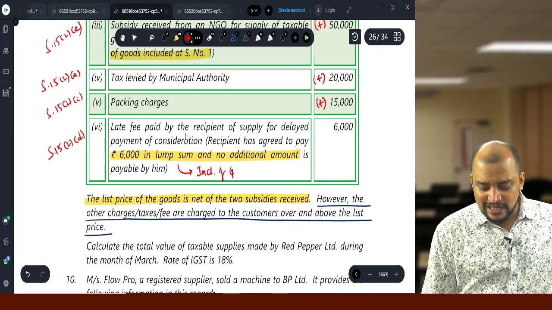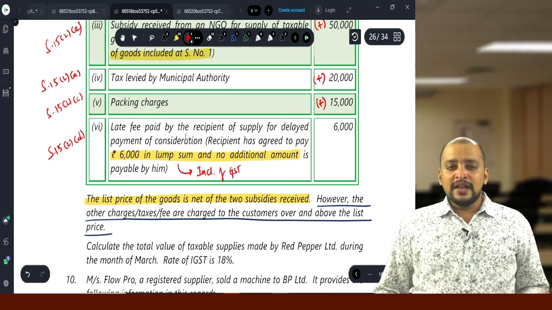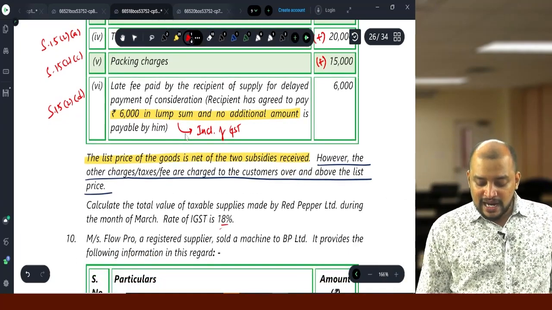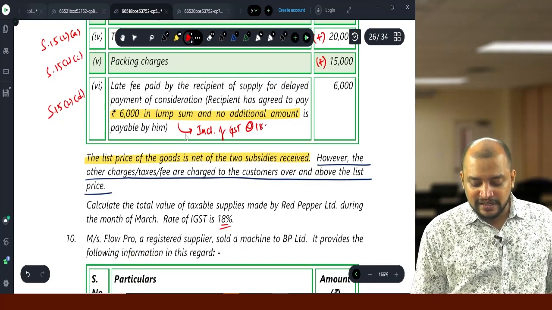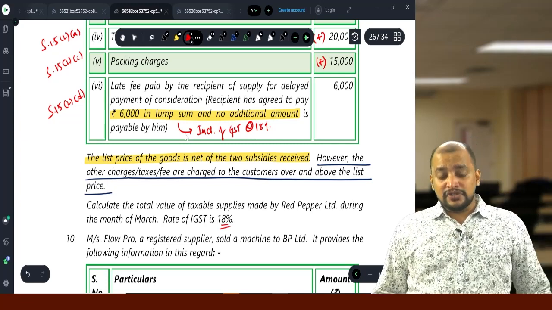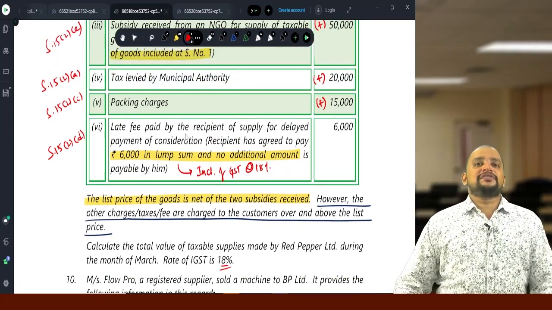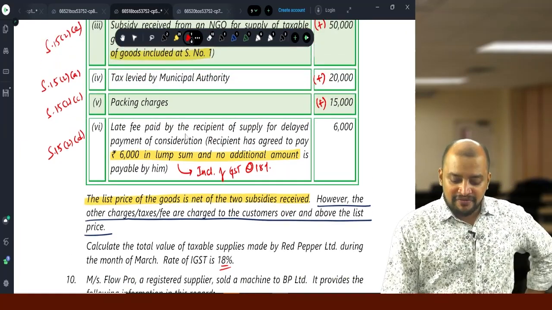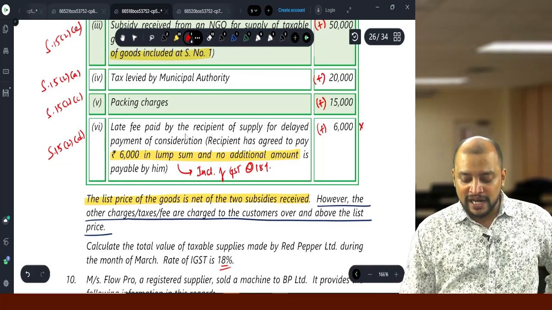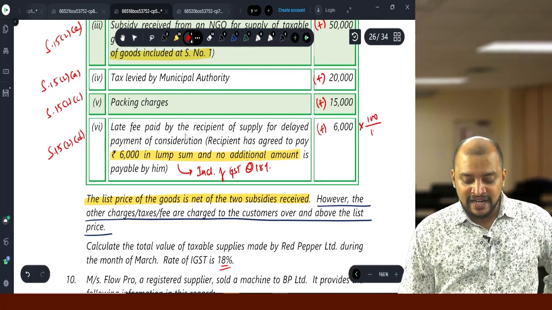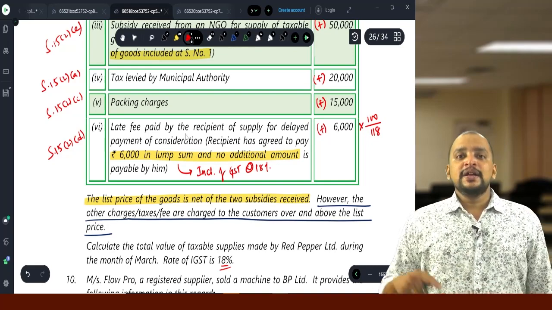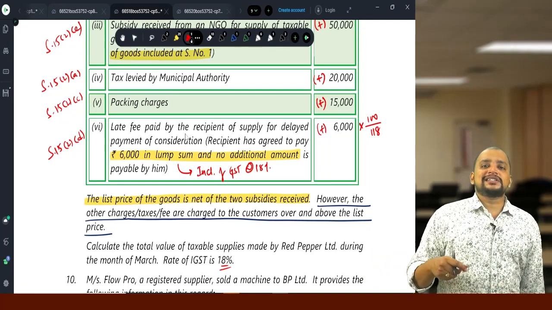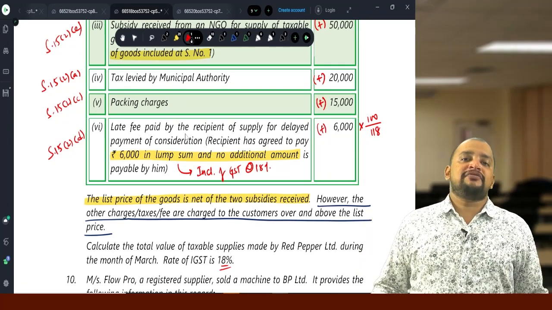And what is the rate of GST? 18%, which means we should not add full 6,000 into the value. We need to take, definitely it should be included in the value, but we need to take only 100 divided by 118. Why? Because it is inclusive of GST and GST will never form part of value.